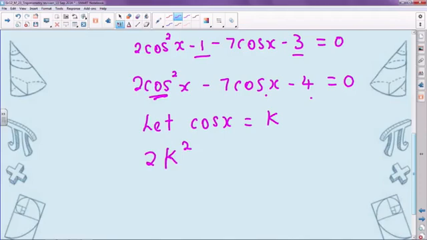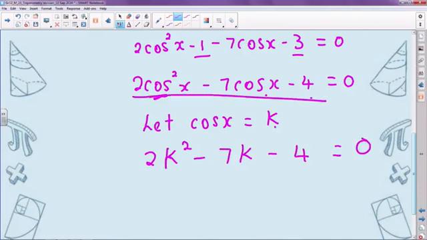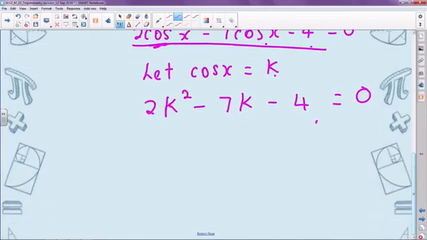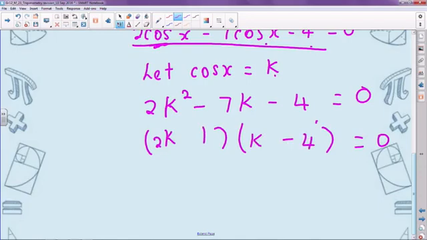Where there's a cos x, I've put in a k, minus 7k minus 4 is equal to 0. If you can see the trinomial straight away, please, you don't need to do this step. This is only if you're battling with the trinomial. Okay, we can factorize that into 2k times k, with minus 4 in the one bracket and plus 1 in the other.